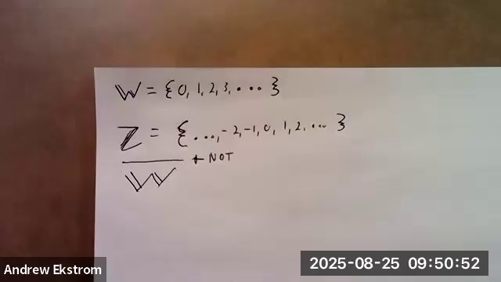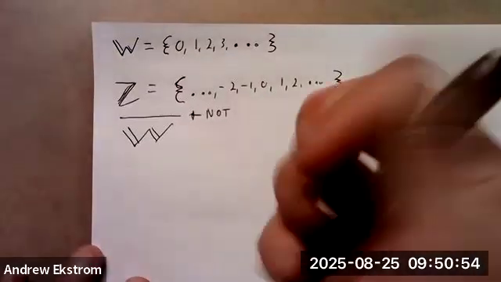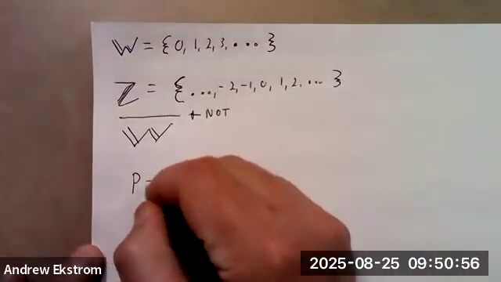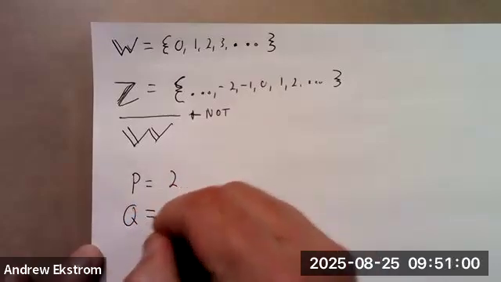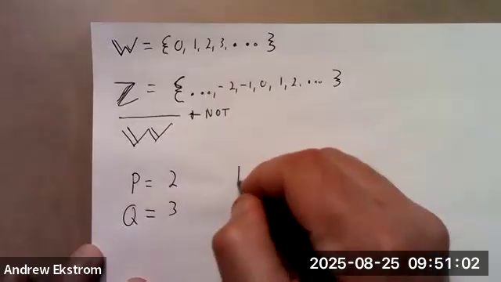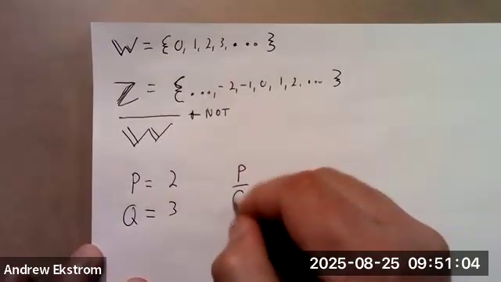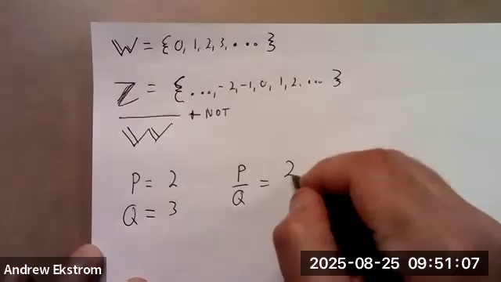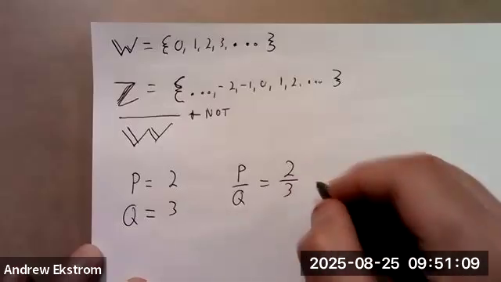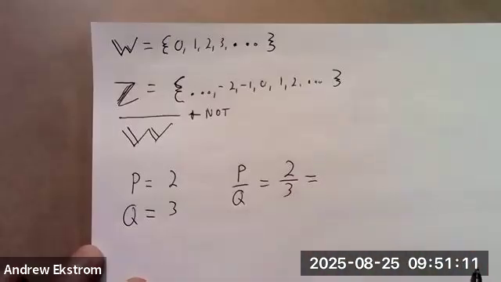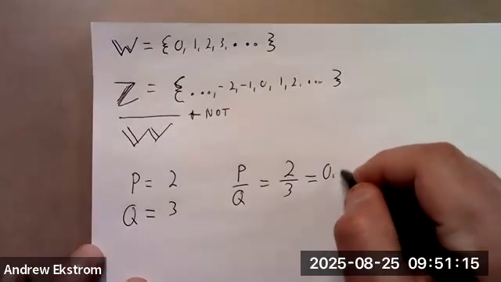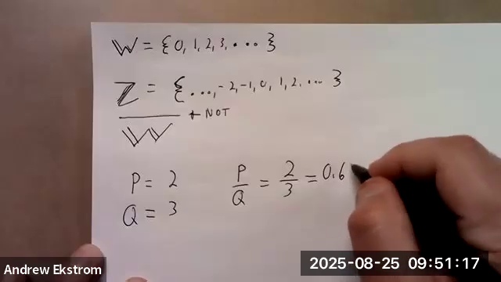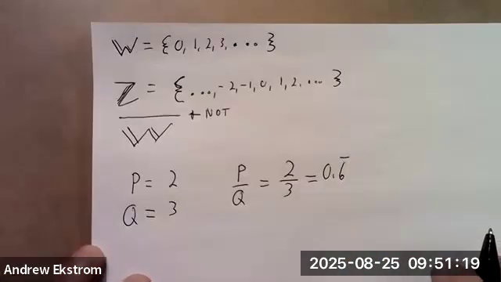If I say P equals 2, Q equals 3, P divided by Q is going to be 2 divided by 3. If you do this with your calculator, you're going to get a number.